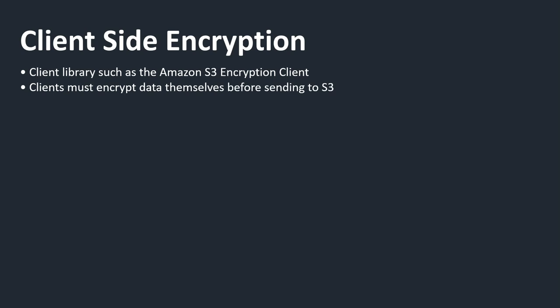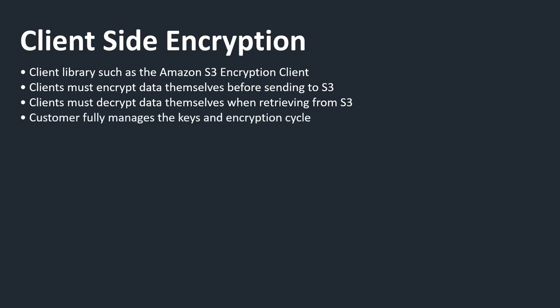In case you receive data that is encrypted using client-side encryption, also CSE, then you are solely responsible for decrypting the data yourself as well. So you need to make sure you have the right key available. In client-side encryption, the customer manages the key and the encryption cycle entirely.